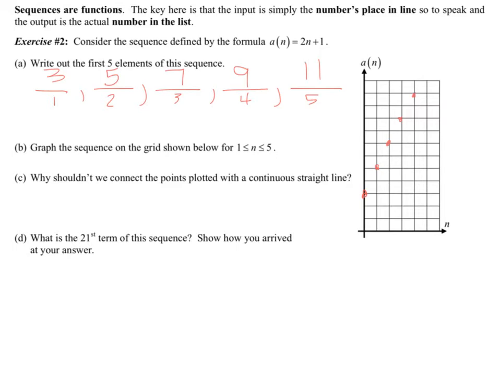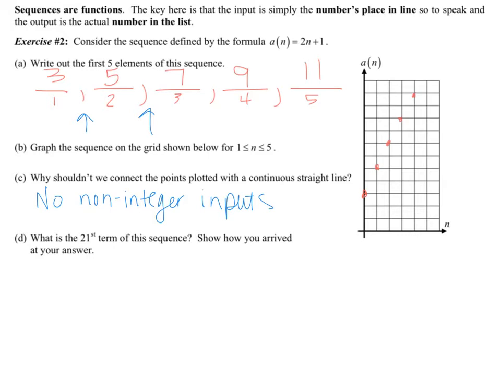The reason why you don't connect the points plotted when we're talking about sequences is because there are no non-integer inputs, meaning I'm not finding 1.5 in the sequence or 2.5 in the sequence. We're finding integer inputs, meaning we have to have integer outputs.